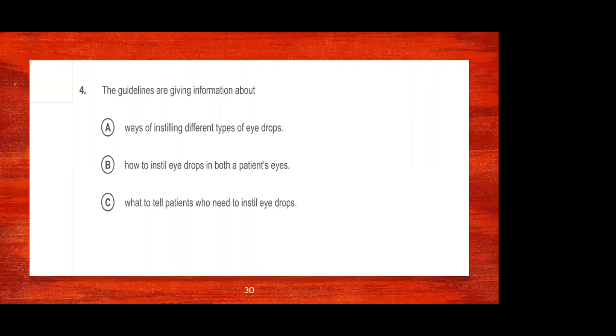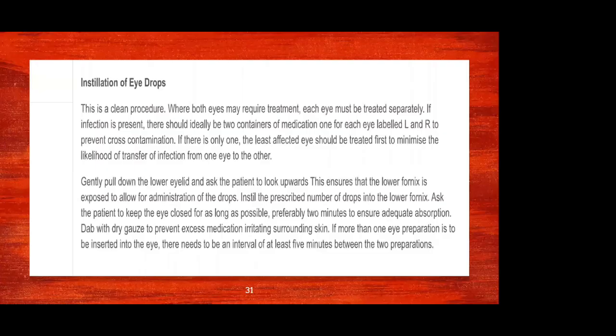So the best possible answer will be B. Yes, ma'am. So B is the right answer. Whenever you read, read all the three options and choose the most appropriate one.